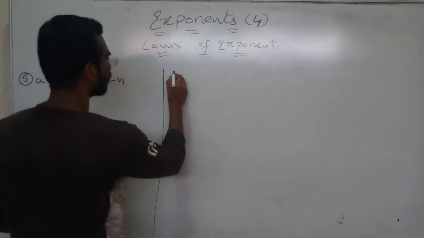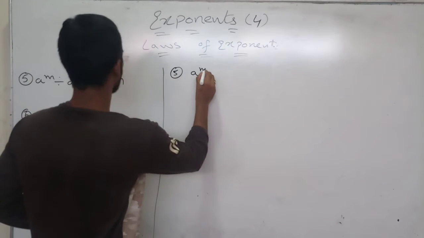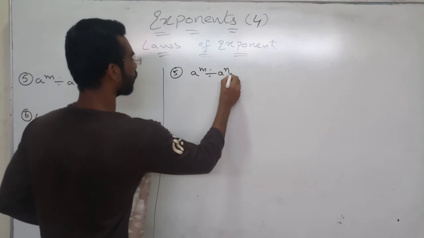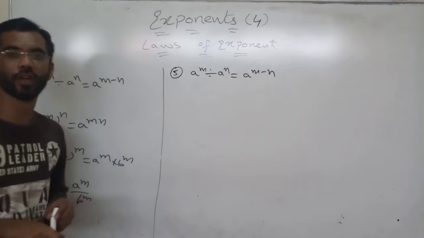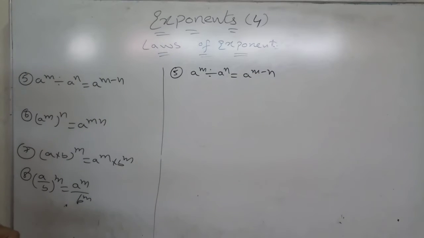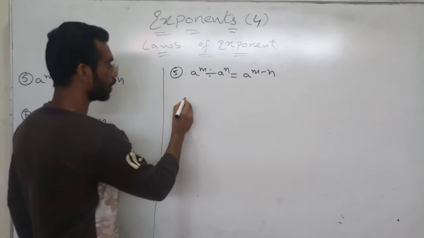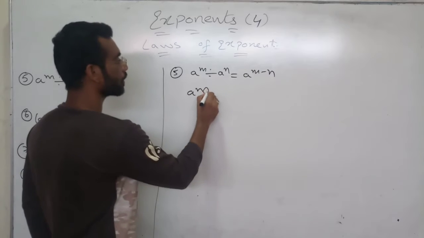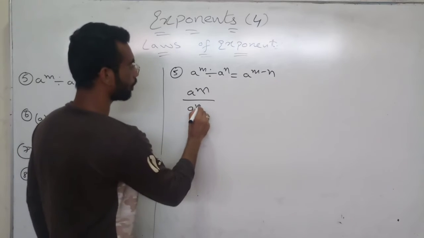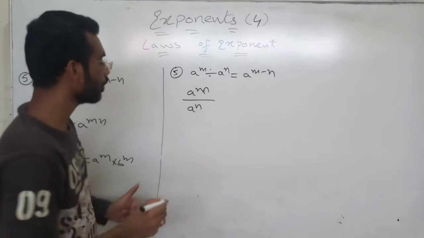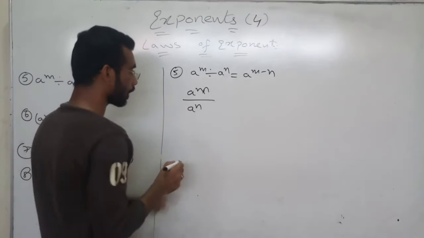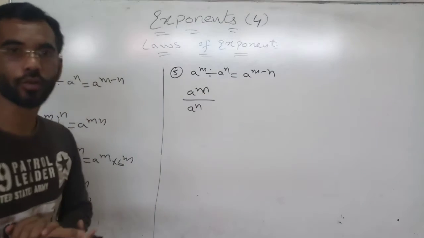It is the fifth law. a power of m divided by a power of n is equal to a power of m minus n. How it is getting, we will see. Division can be written as a power of m by a power of n.